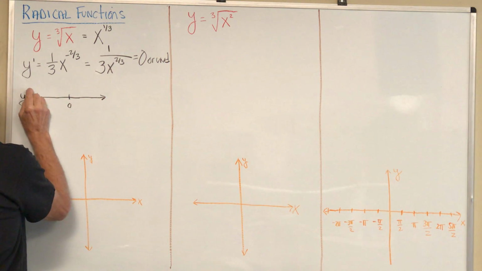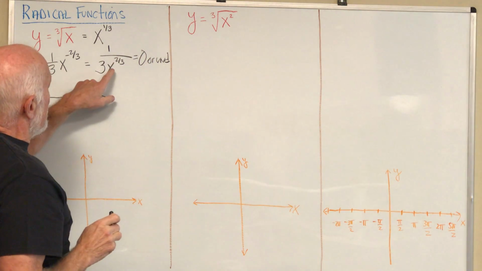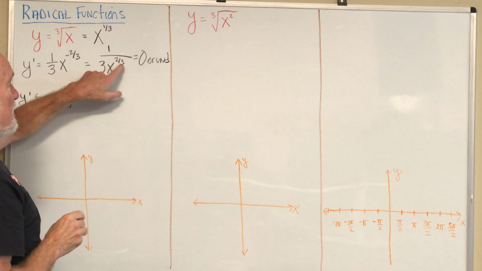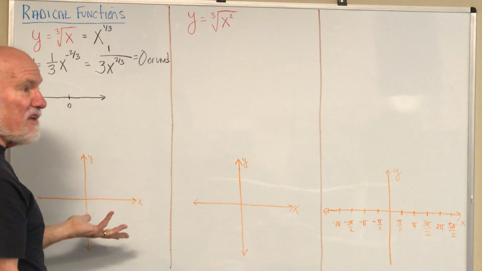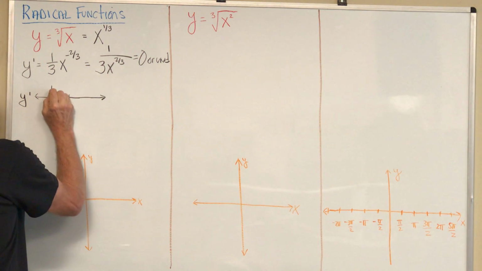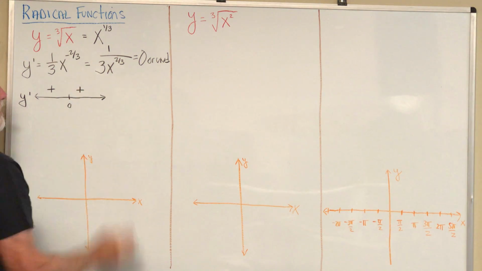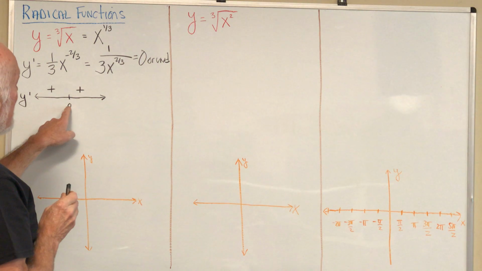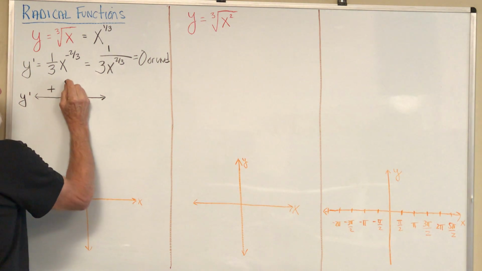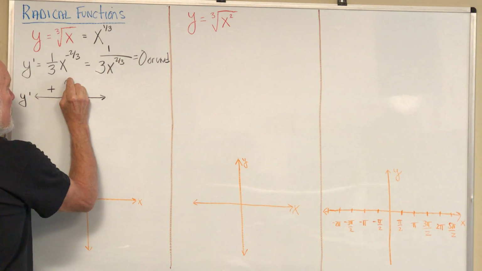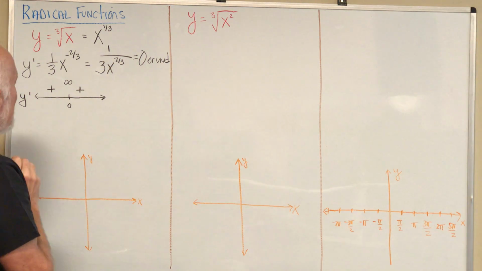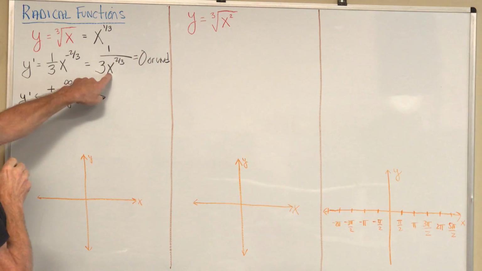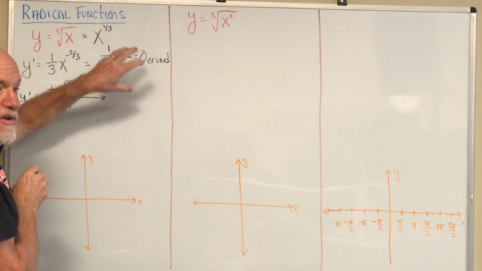So if we put that on the number line, we see if you take any number and take the cube root of it, but then square it, it's always going to be positive. So that means anywhere except at 0, the derivative is positive. At 0, I might want to make a little reminder that if I put a really small number in here, that's going to make the derivative really large.